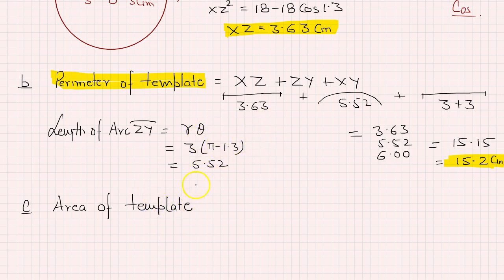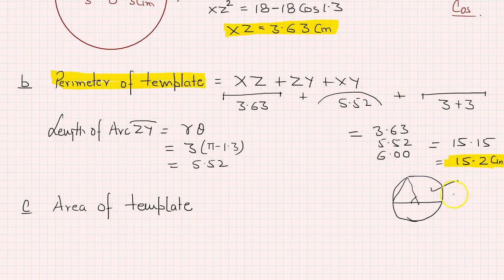Now to find the area of the template, first we have to find, let me draw a rough figure here. First we have to find the area of this. Now what will be the area of this?